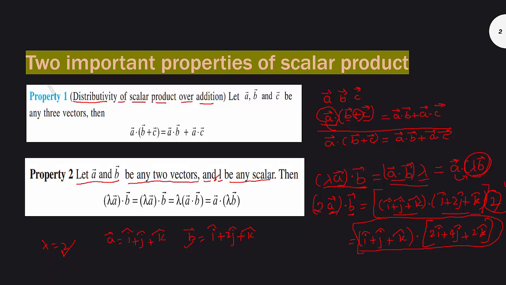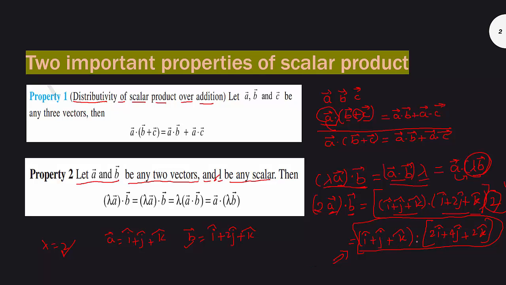This is your second property, and the first property is that scalar distributes over addition, and the third one is that scalar can be multiplied to the dot product, that is lambda times vector A dot B can be written as lambda times (A dot B), and also as A dot (lambda times B). Here the simplification we are going to study further in this particular class.